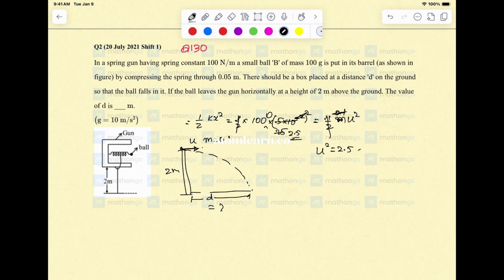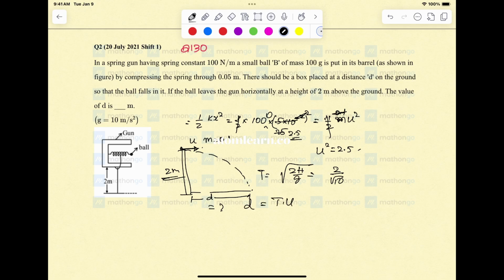Therefore, with the 2 meter height, what is the time of fall? It is square root of 2h by g, which is equal to root of 4 by 10, which is 2 by root 10. Therefore, what we want is t into u, the range d.